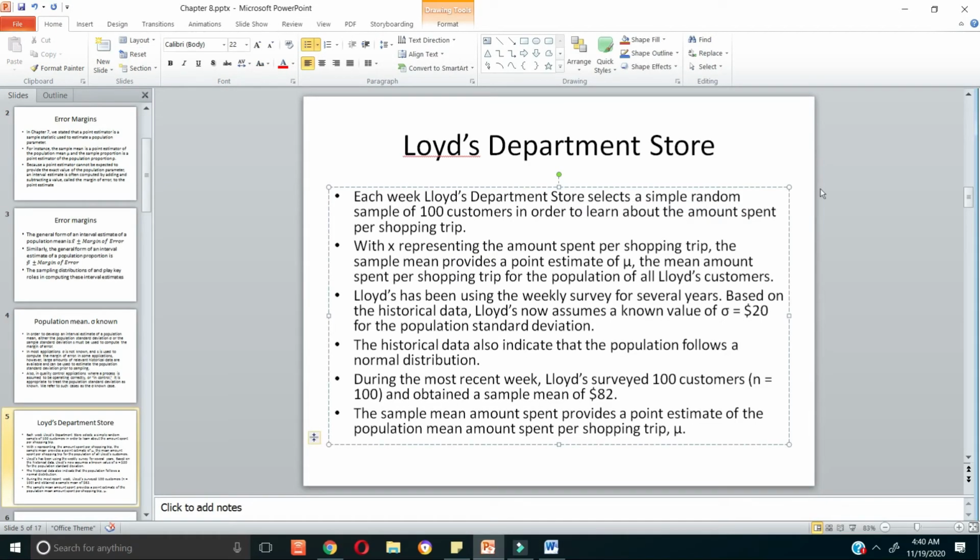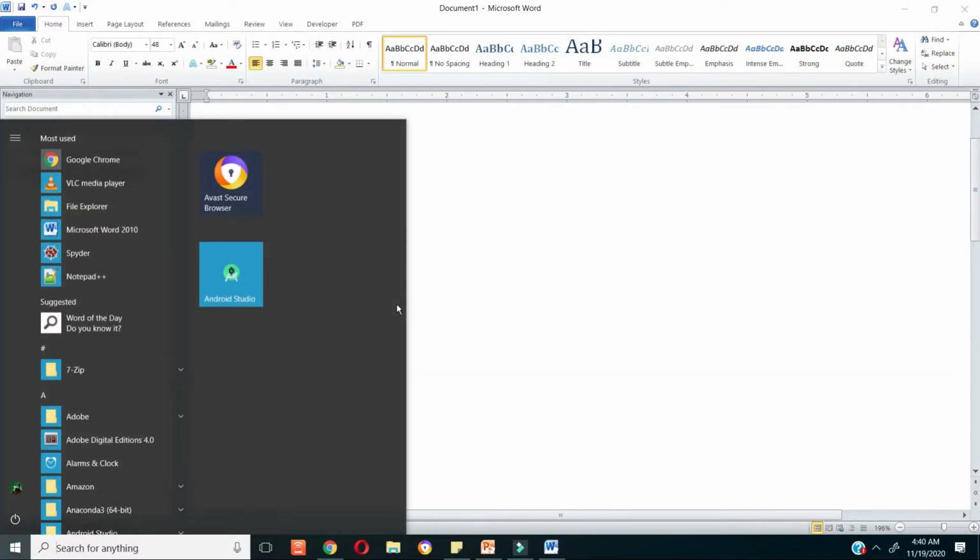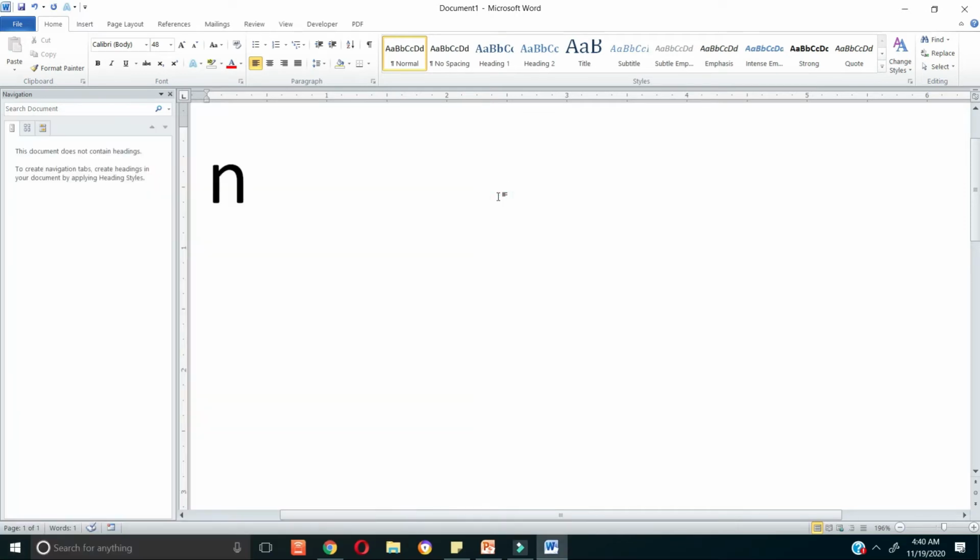You have a store called Lloyd's department store, where they do a study on a random sample of 100 customers. So n, lowercase n, is equal to 100.